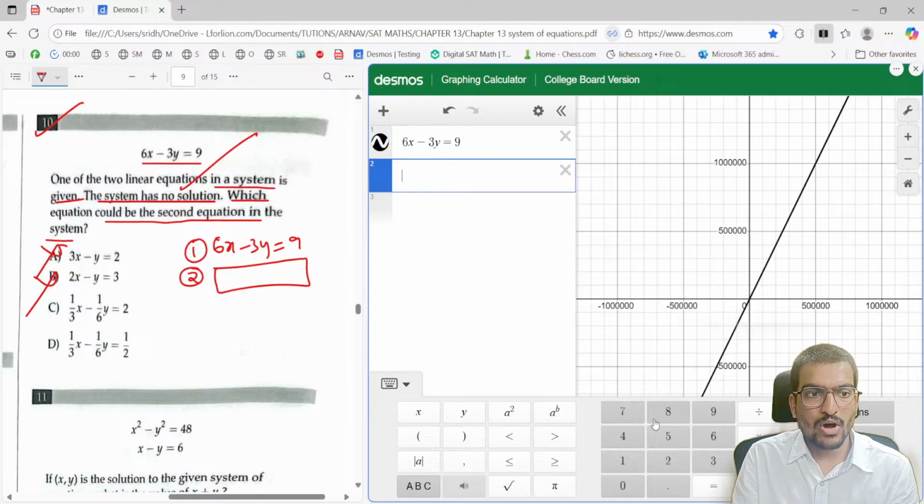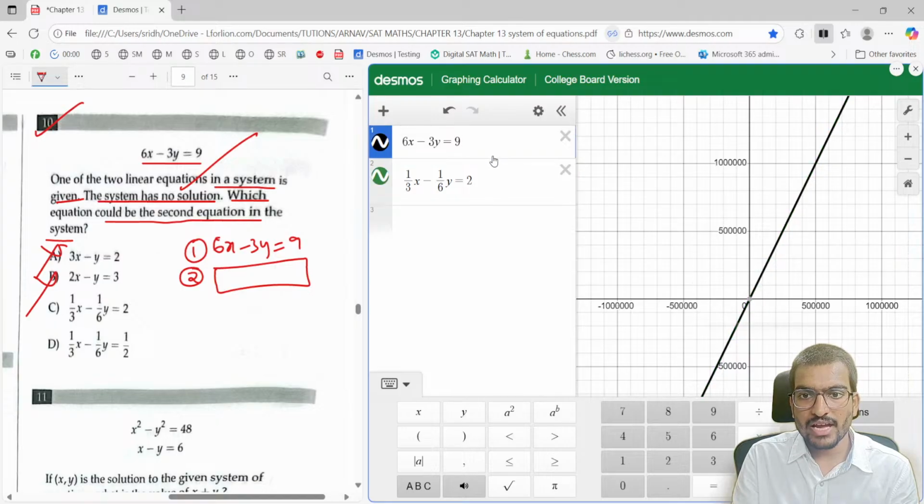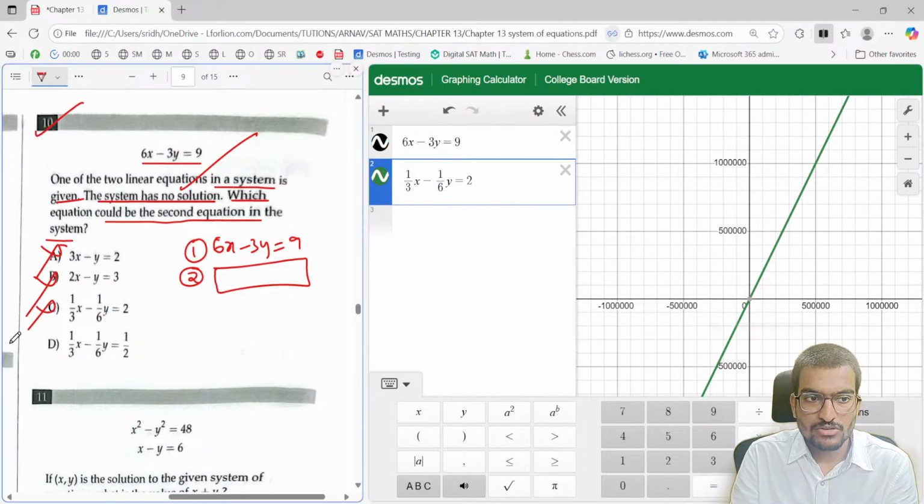It's going to be option C: 1 divided by 3 x, minus 1 divided by 6 y, that equals to 2. So what I'm getting again, if I click on black, I'm getting black on the line, green on the line, which means two lines are coinciding, which means infinitely many solutions again. So option C is not correct.